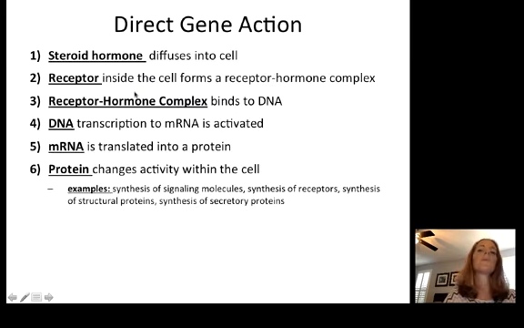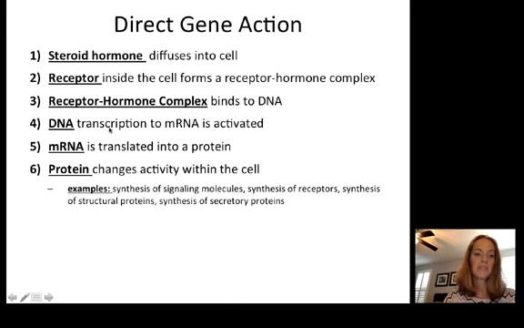So here's the steps for direct gene action. The steroid hormone diffuses into the cell right through the plasma membrane. The receptor inside the cell forms a receptor hormone complex, so they stay together. The receptor hormone complex then will either be very nearby or will move to the DNA to bind to the DNA. Once it binds to a particular region of the DNA, it will be specific to a particular gene or a particular set of genes. It will activate transcription.